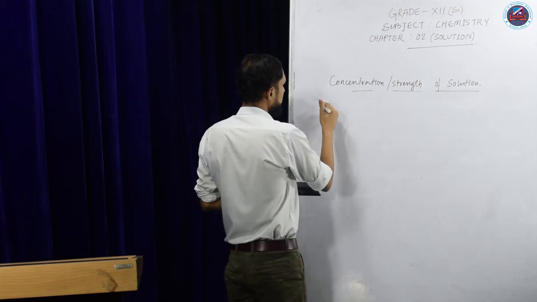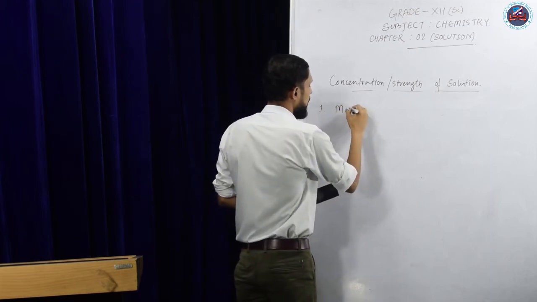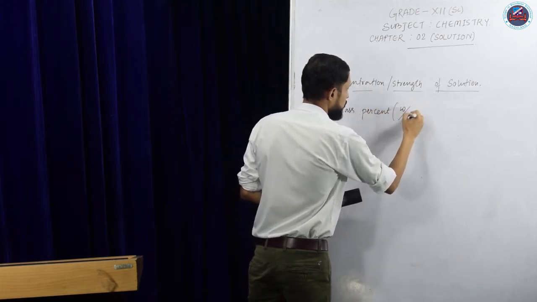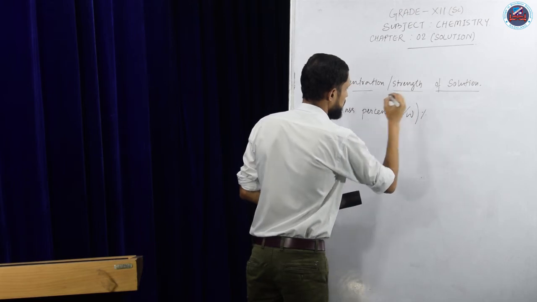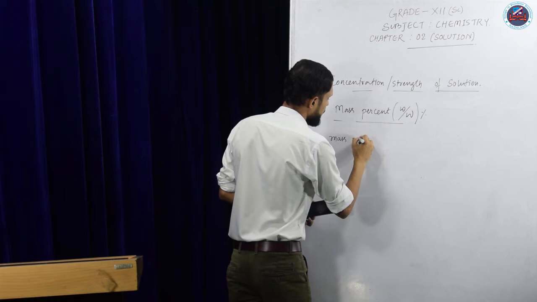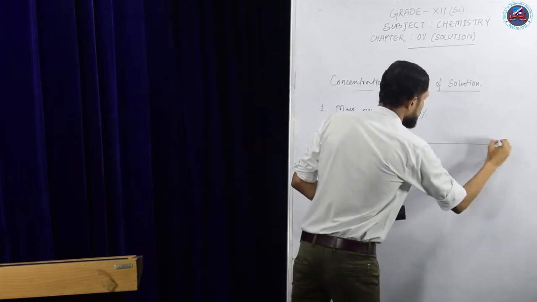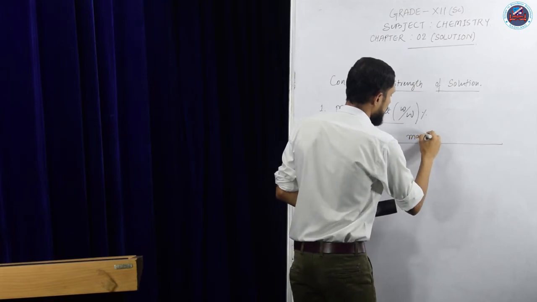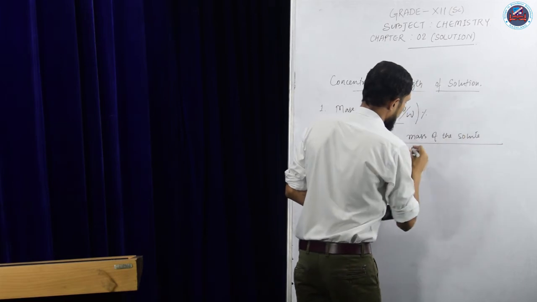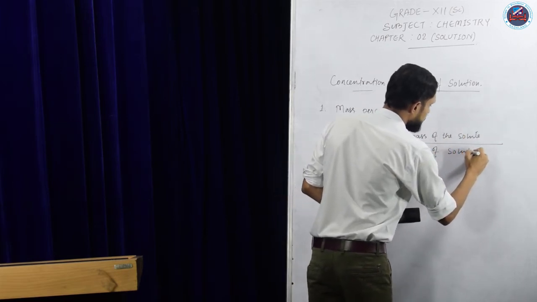So the first term to express the concentration or strength of a solution is mass percent, W by W. Now mass percent is equal to mass of the solute by mass of solution.